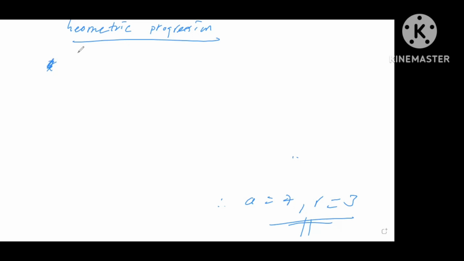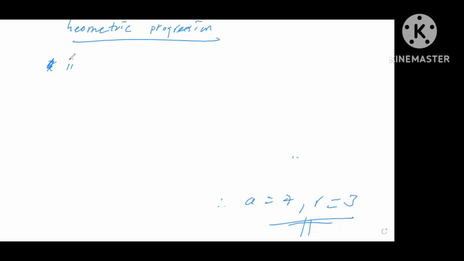Okay, so now we go to the other question. The other question is saying we find the sixth term. So we are going to use the formula for the nth term.